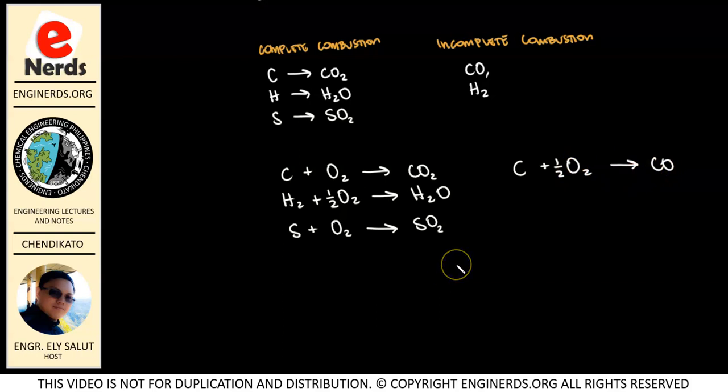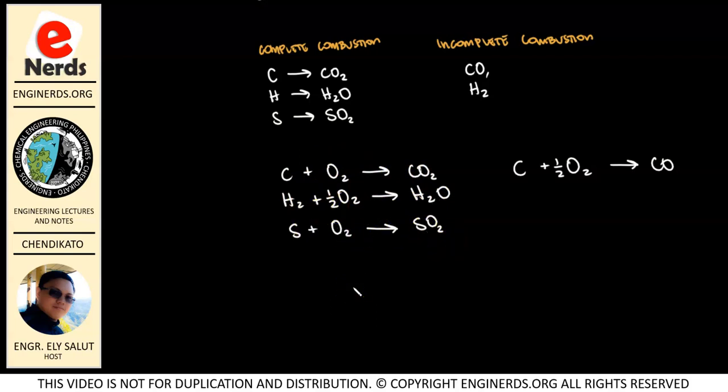Now, ano yung tinatawag nating theoretical oxygen? Yung theoretical oxygen is the amount of oxygen na kailangan natin para magkaroon tayo ng complete combustion. So, ito yung mga equation natin sa complete combustion, di ba? C plus O2 producing CO2, H2 plus 1 half O2 producing H2O, and S plus O2 producing SO2.